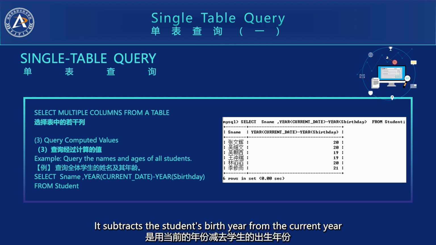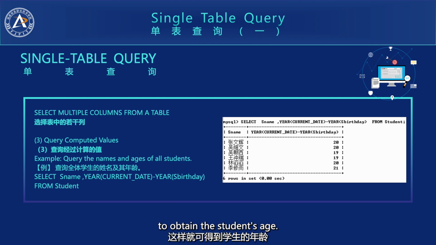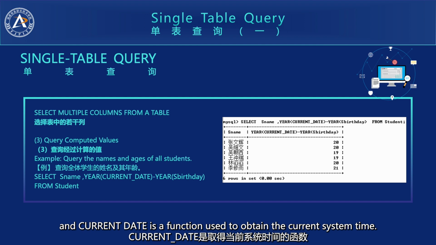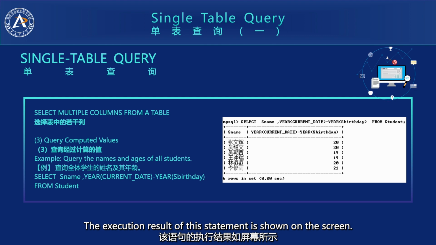It subtracts the student's birth year from the current year to obtain the student's age. In this expression, year is a date function used to obtain the year, and current_date is a function used to obtain the current system time. The execution result of this statement is shown on the screen.